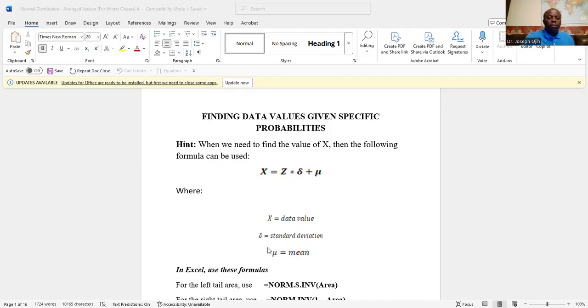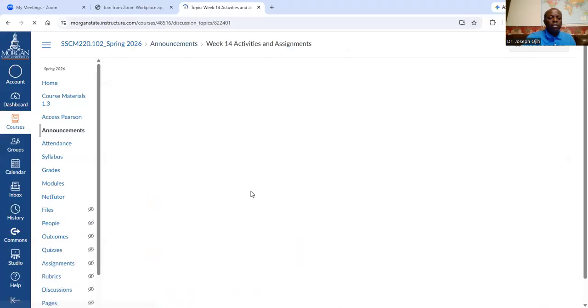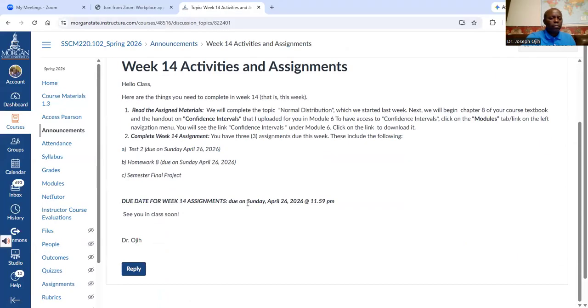Before I proceed, I want to show you something in your classroom for this week. We are supposed to start the confidence interval today, but because we didn't finish this, you can see in my announcement that we're supposed to start confidence interval today.